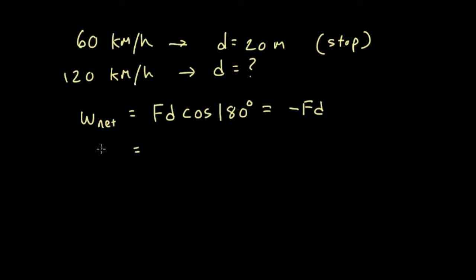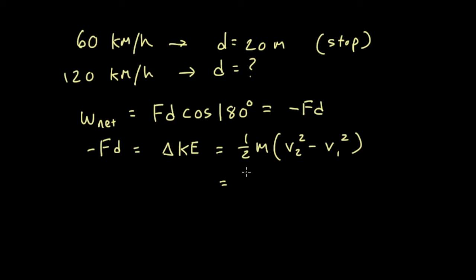Now, that's the net work, so let's write that over here. And now we use our kinetic energy theorem. Okay, we're relating the net work to the change in kinetic energy as we had done before. So 1/2 m, and now I'm just going to group these together for simplicity.